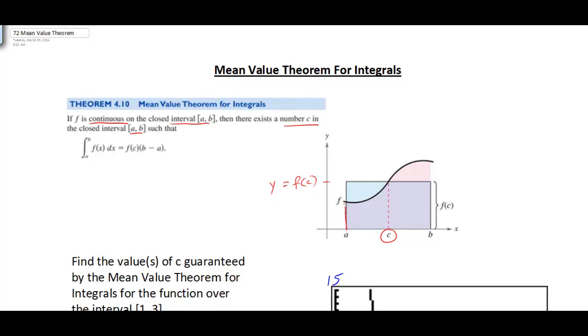And if we were to form a rectangle here from a to b, using this f of c as the height of the rectangle, then what's the width? The width of our rectangle would be b minus a.